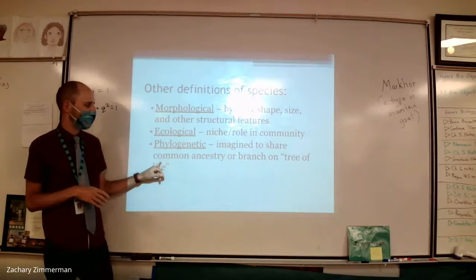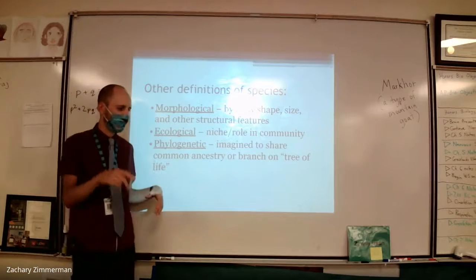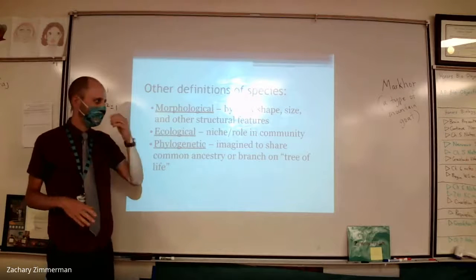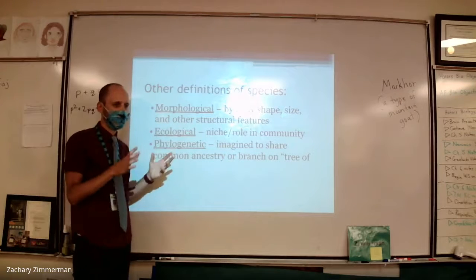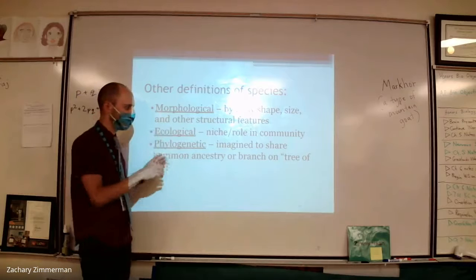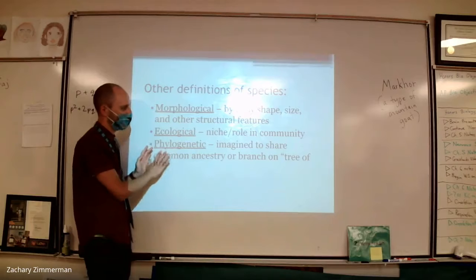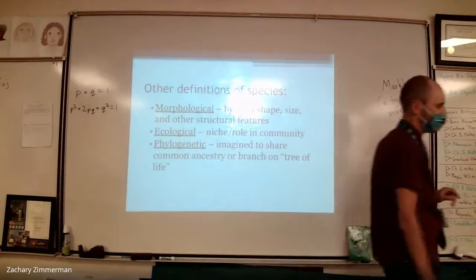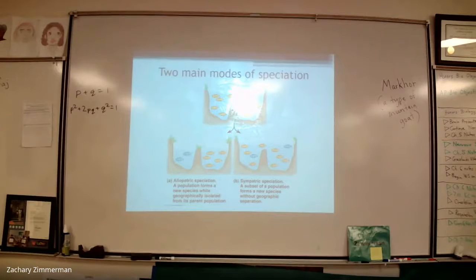So this is kind of like a philosophical approach where if you say that, oh, I think this organism is related to this organism through a common ancestor, but it's less closely related to this one than that one, then you can classify organisms according to whatever your assumption or your preconception is as to how the evolutionary tree of life unfolded. This one's really sketchy. It's not really science, it's philosophy. But you could use observations in nature to give organisms species names based on these. But scientists usually stick to the biological species concept definition.